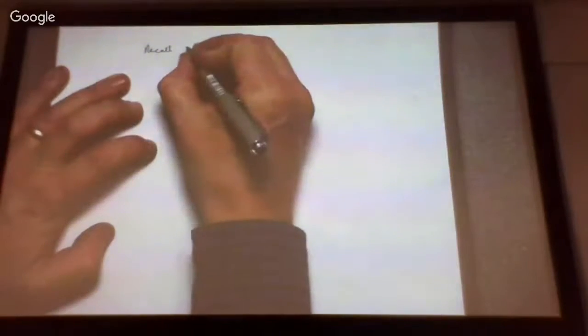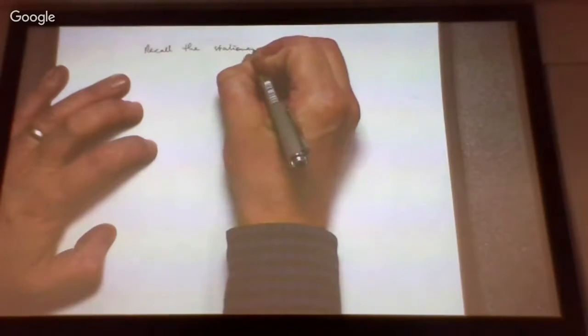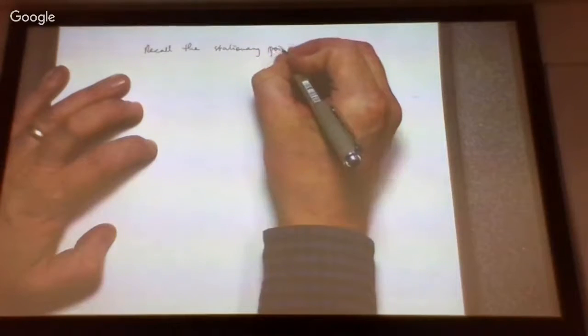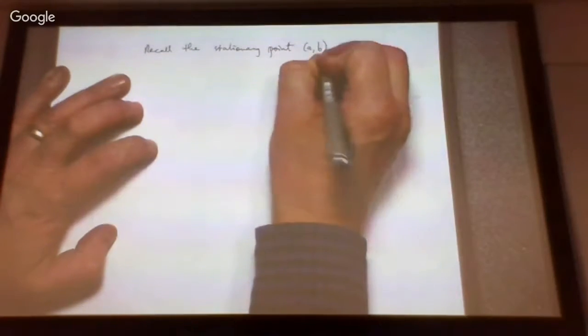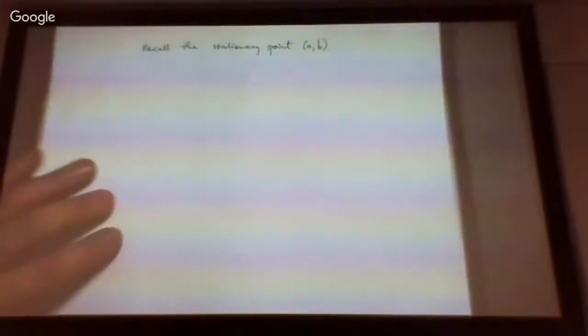So recall that the stationary point (a, b), we classify that using the Hessian determinant.